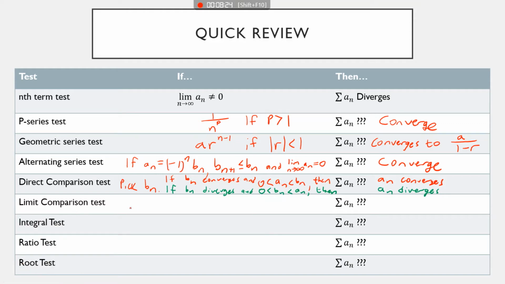Okay, limit comparison. It's kind of the same as direct, but we put limit in front. Okay, so I'm going to pick b to the n.